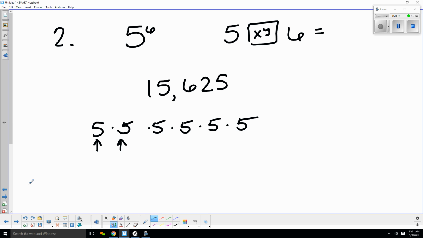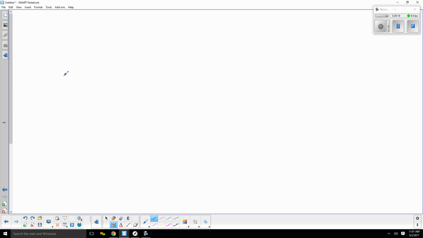Alright. Number 3 says, which of the following is not a perfect square? Well, 49 is a perfect square of what number? 7. What is 32 a perfect square of? 6 would be what? 36.